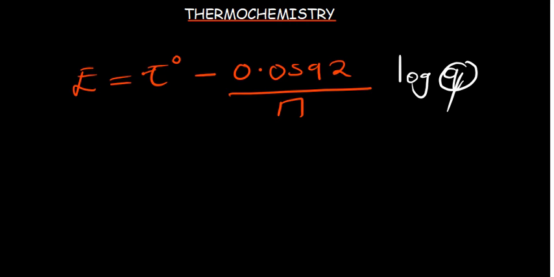Then at equilibrium we said this one is 0. So the formula ultimately turns out to be your K, which is the same as your Q, equivalent to what?